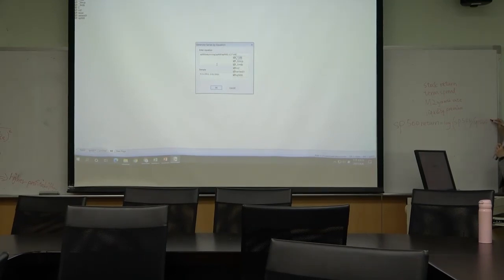After you type SP500, open a parenthesis, and inside put -1. Don't forget the closing parenthesis. After that, you multiply it by 100, and then it will be the rate of return.